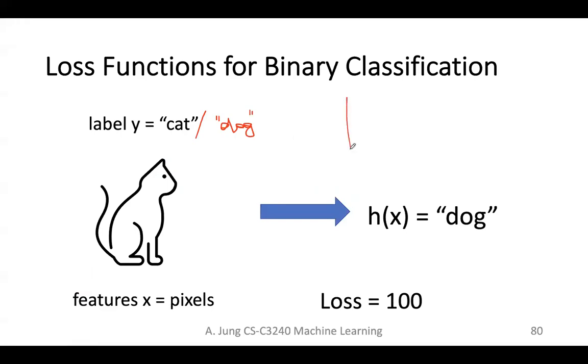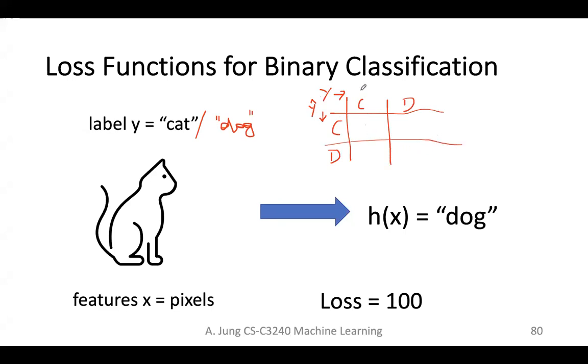But let's now define a loss function for this. So we could say here the columns are the possible values of the true label, and the rows represent the possible values of the predicted label. So here we have cat, here we have dog. Here we have cat, here we have dog. And then we just need to specify for each possible combination a number.